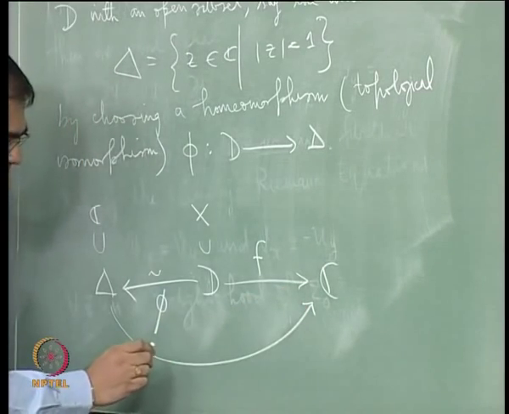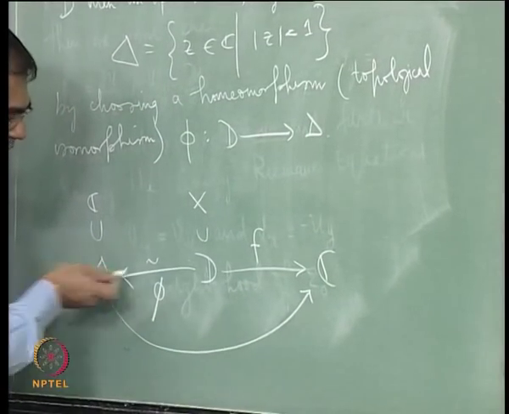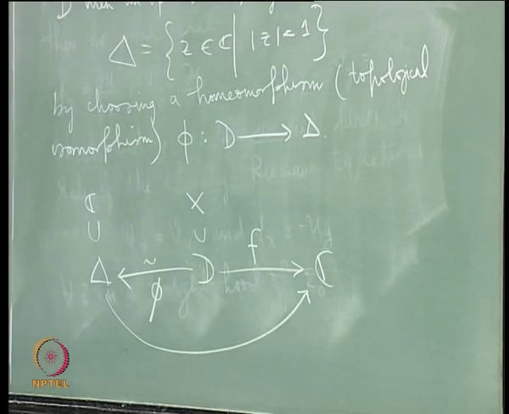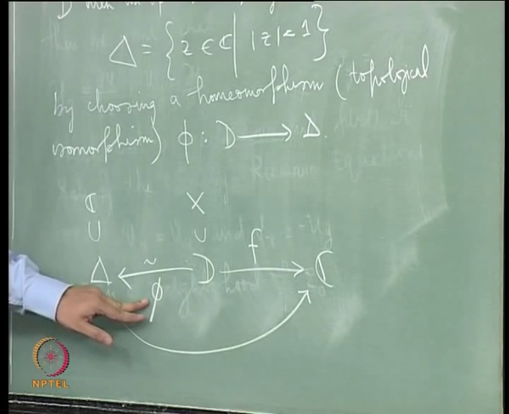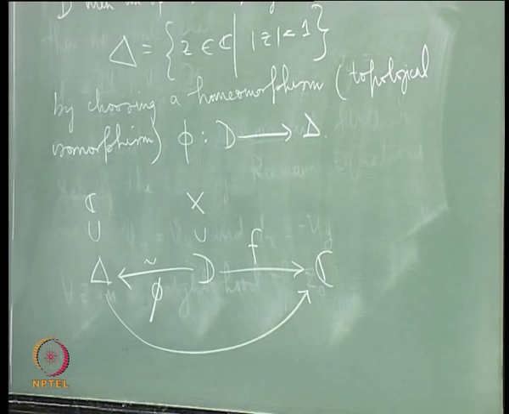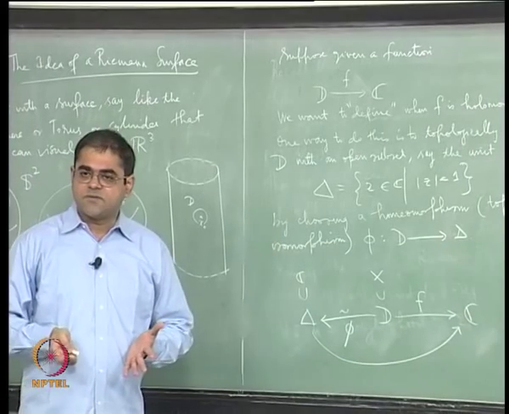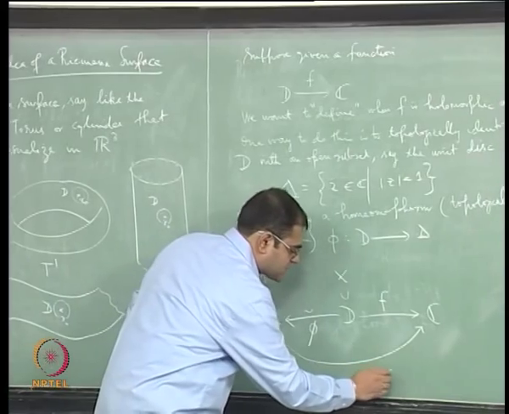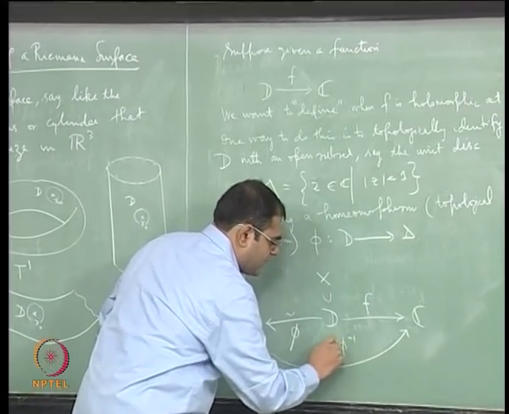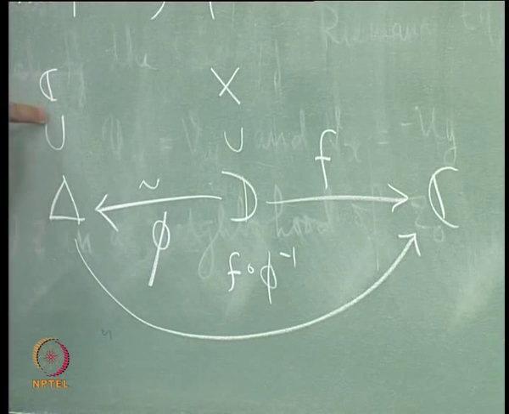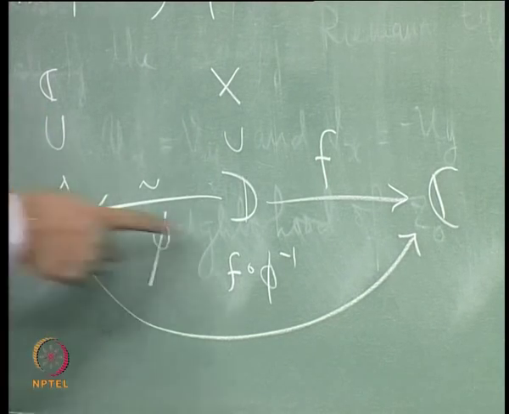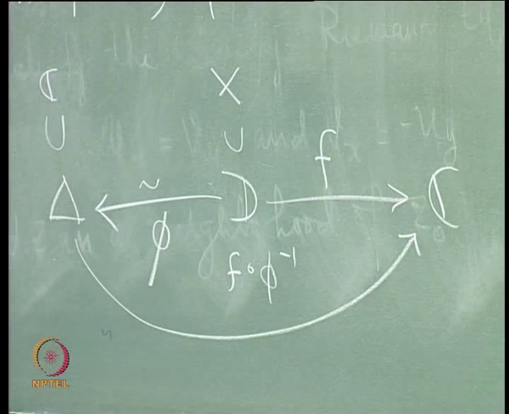First I apply phi inverse, which is correct because phi is a topological isomorphism, so phi inverse is also a continuous map. Phi inverse is in fact also a topological isomorphism. I apply phi inverse and then compose it with f. So I get a map from the unit disk in the complex plane to complex numbers.